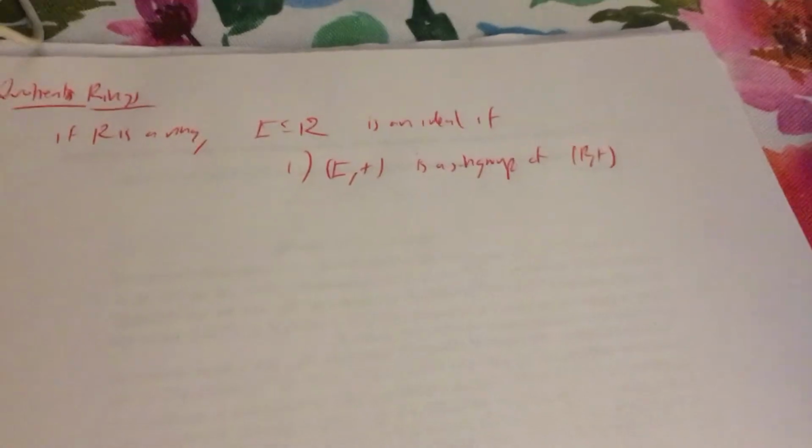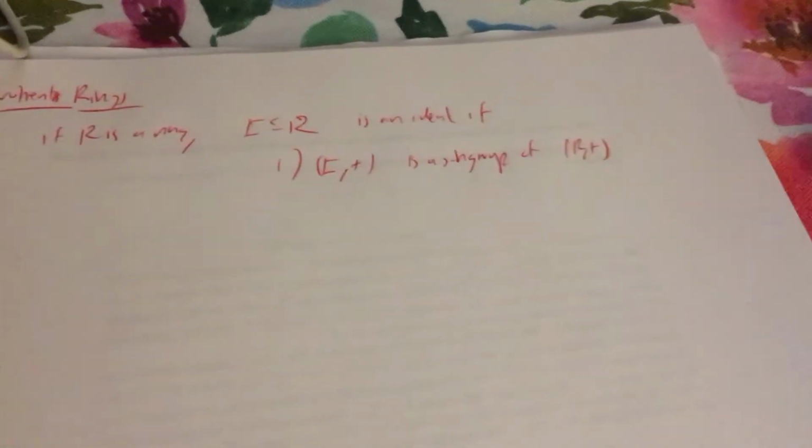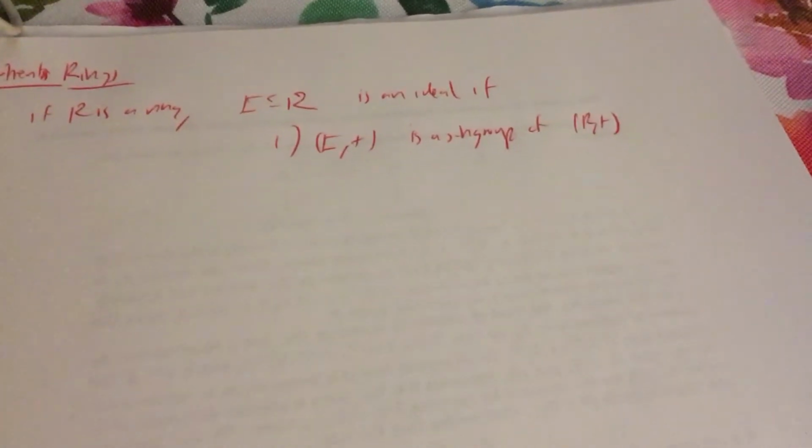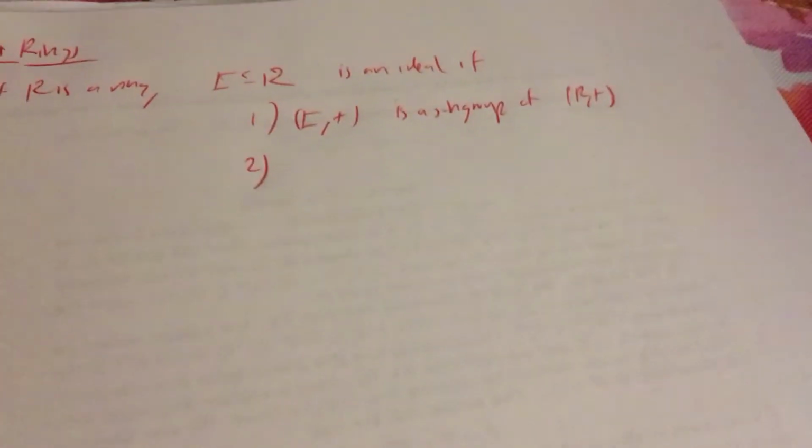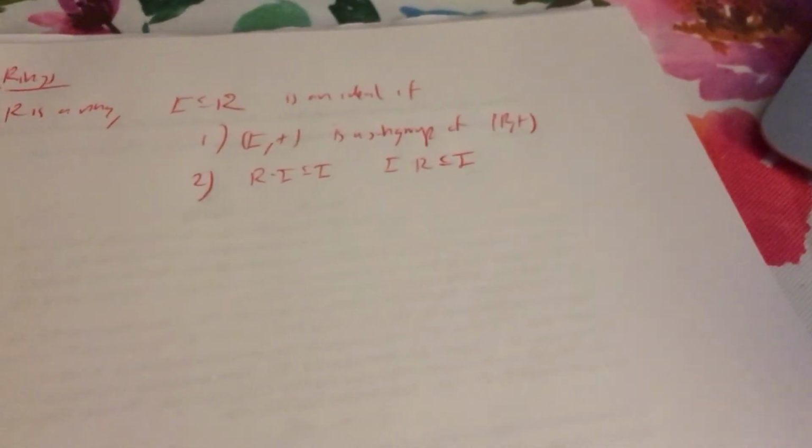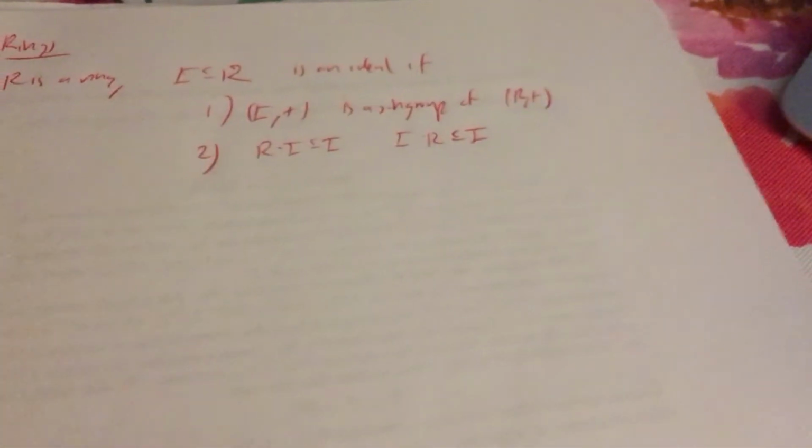Remember, a ring has plus and times, and under plus it's an abelian group, so certainly you want a subgroup. And two, R times I is contained in I, and I times R is contained in I. In other words, multiplication by any element of R on either the left or the right preserves I.